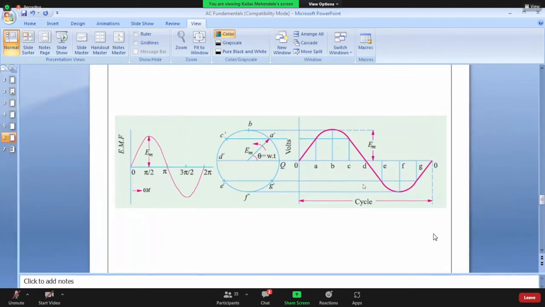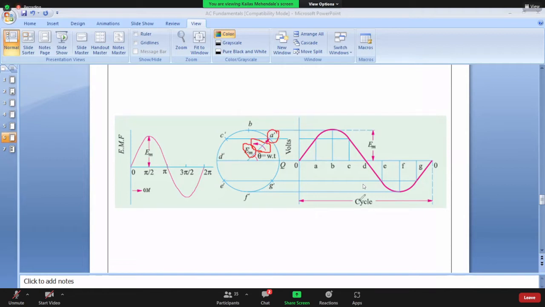Is the screen visible? Yes, sir. Okay. Now let us say we have taken a vector of some magnitude. That magnitude has been called Em. We rotate the vector in the anti-clockwise direction, at positions say 30 degrees, 60 degrees, 90 degrees, and likewise we divide this circle.